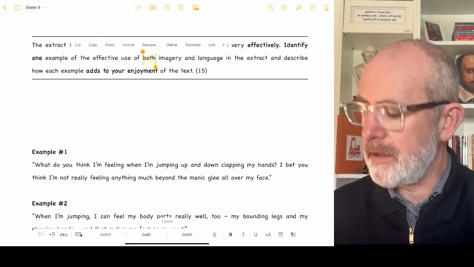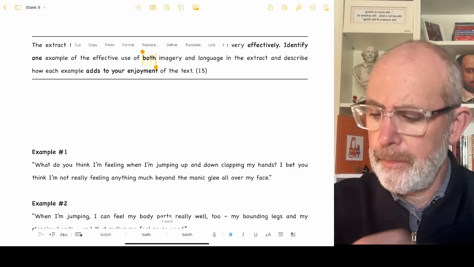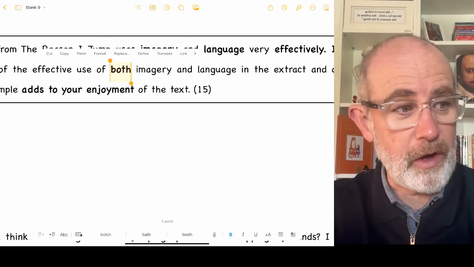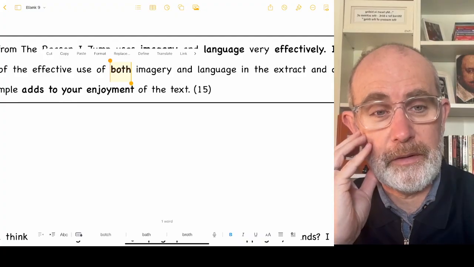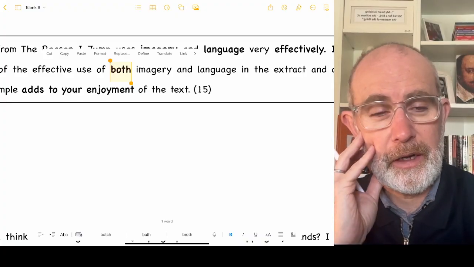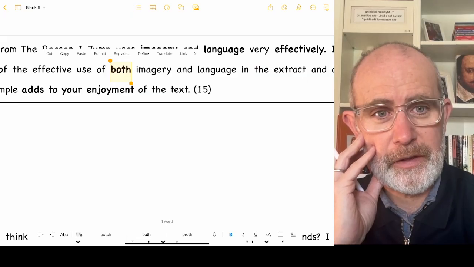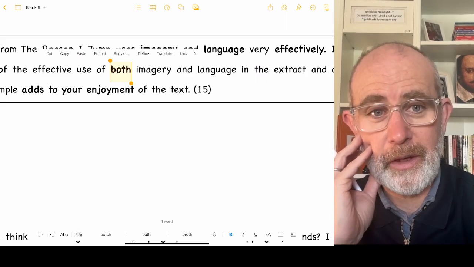Now, this goes to the point that I've made many times before about the junior cycle, that the idea that you have to write a paragraph for every 15 marks, for every 5 marks, is wrong. Often questions are very straightforward and it would be wise to write a longer answer, but often the questions are just very specific and there's no need to write 3 paragraphs here. 2 is what's required, but the 2 have to be of good quality.